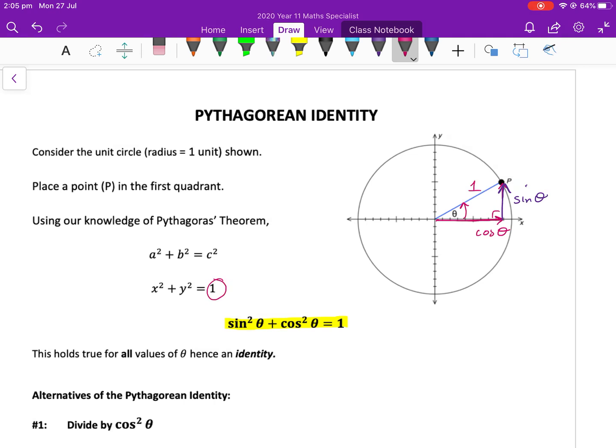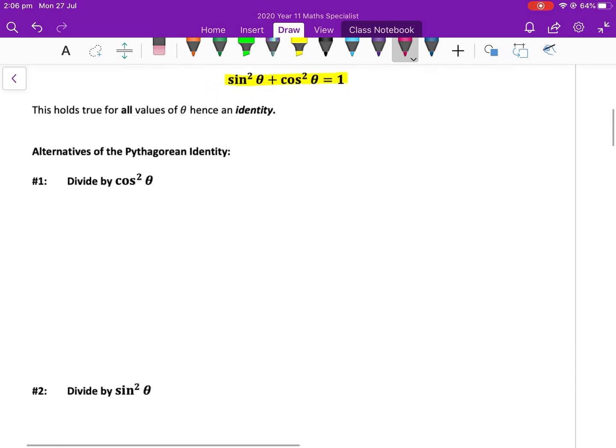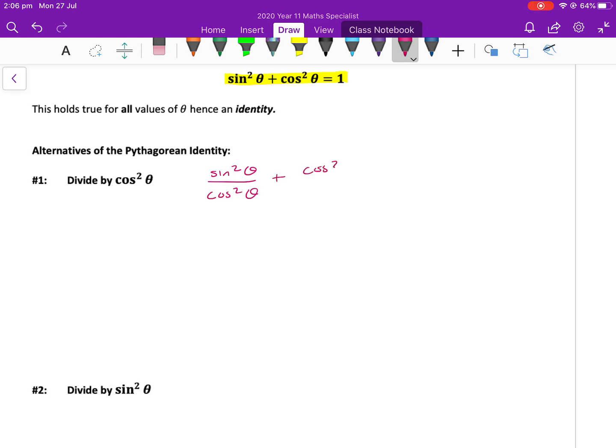But let's consider some alternatives to the Pythagorean identity. Let's take our identity and divide every term by cos squared theta. So we've got sine squared theta over cos squared theta plus cos squared theta over cos squared theta equals 1 over cos squared theta.